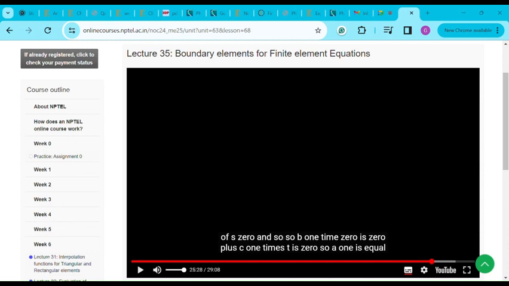Okay, this is the transformation which we want to do. So we have these, let's say in terms of h, and let's take N as a function of psi and eta.